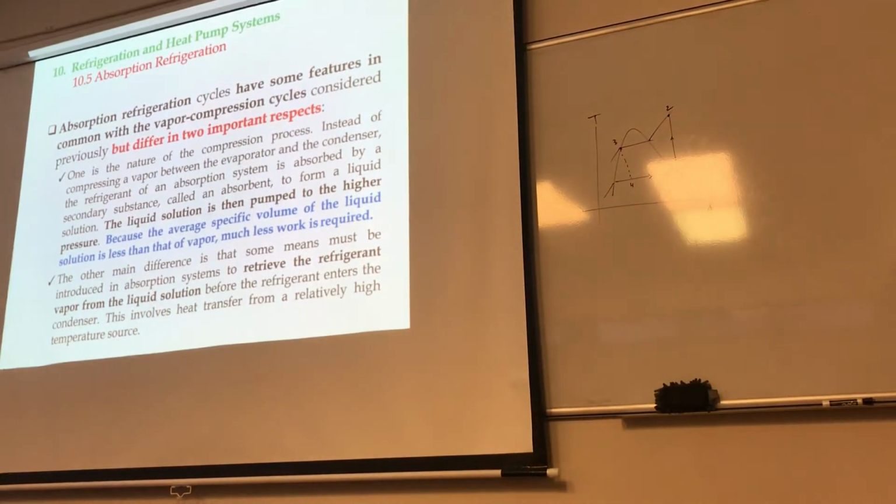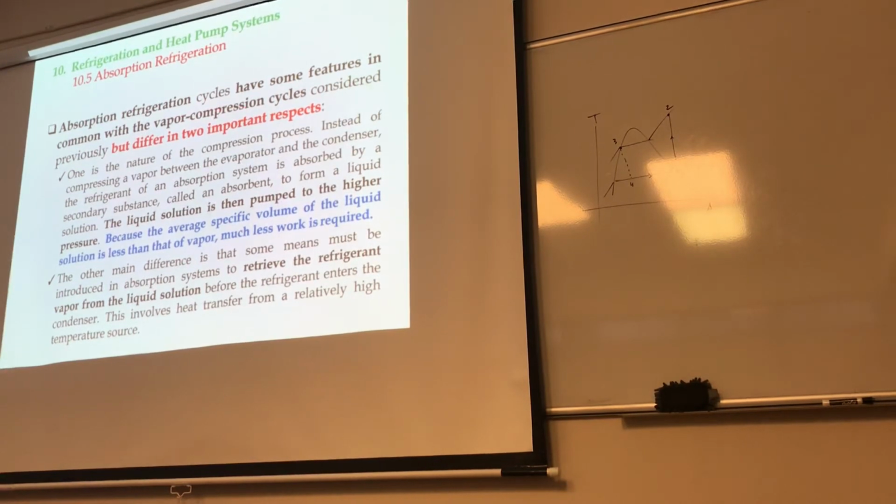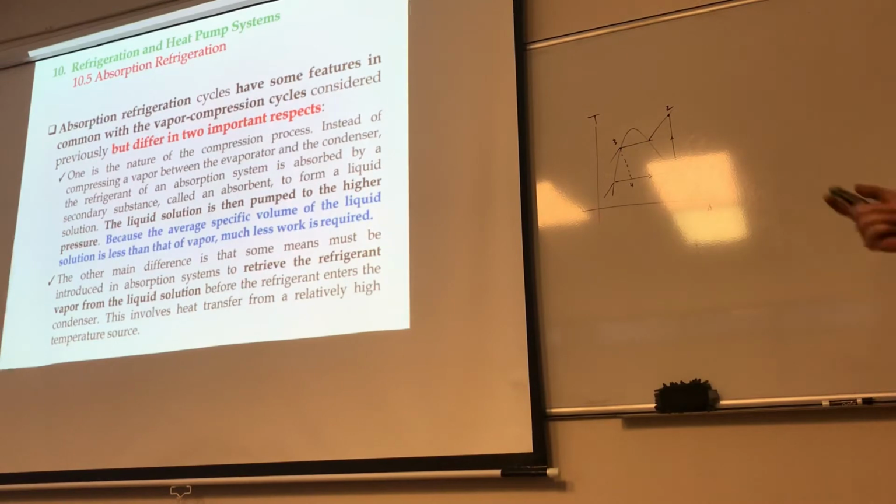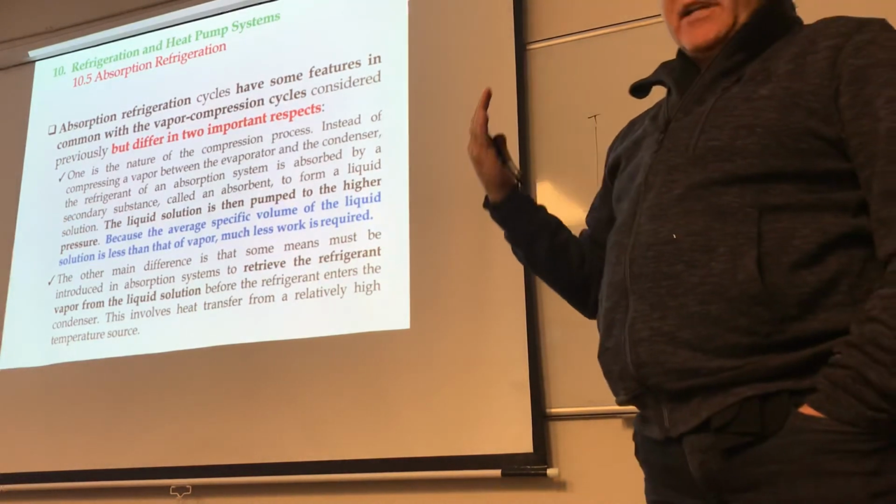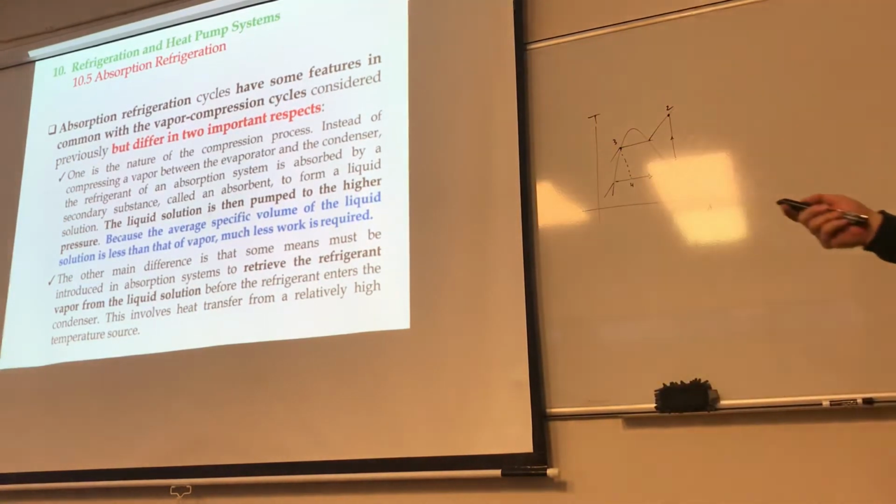So absorption refrigeration cycles have some features in common with the vapor compression cycle considered previously, but they differ in 2 aspects. It's almost like taking that refrigeration cycle we talked about before, but with a modification. What is the difference?